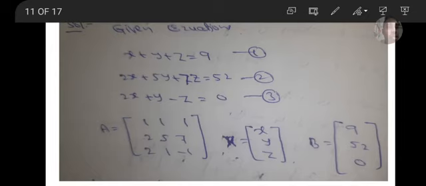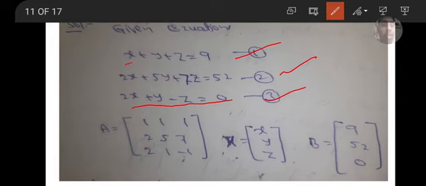So the given equations: x plus y plus z equal to 9, that is the first equation. 2x plus 5y plus 7z equal to 52, that is the second equation. 2x plus y minus z equal to 0, that is the third equation. First, the coefficient matrix. What are the coefficients? 1, 1, 1: x coefficient 1, y coefficient 1, z coefficient 1.